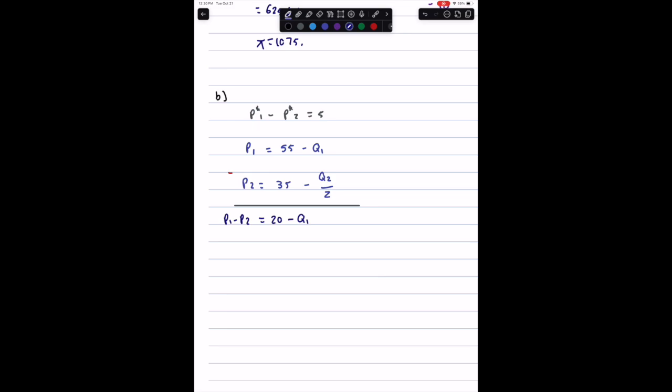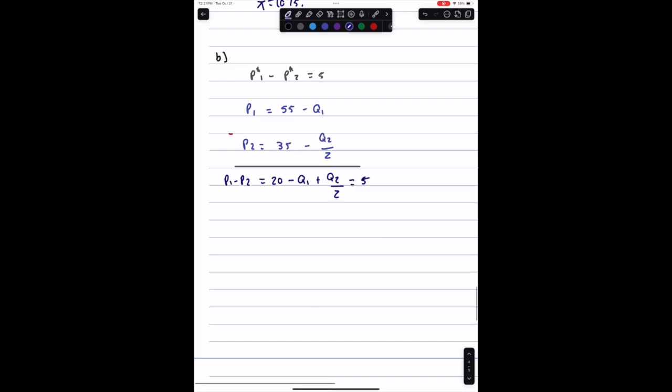We're going to subtract Q1, and then we're going to subtract negative Q2 over 2. So we're going to add Q2 over 2. And we know this should equal 5 because we know P1 minus P2 is equal to 5, right? So we're going to get 20 minus Q1 plus Q2 over 2 is equal to 5.